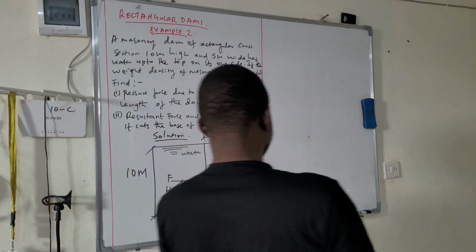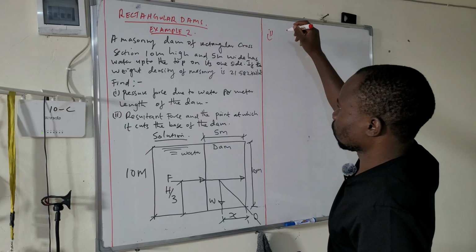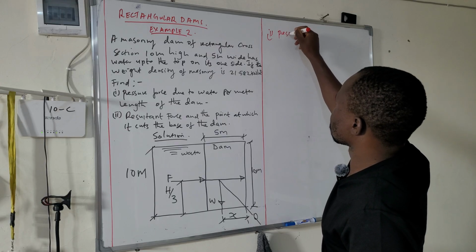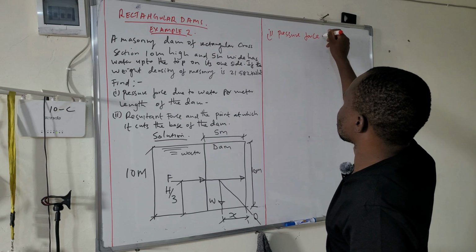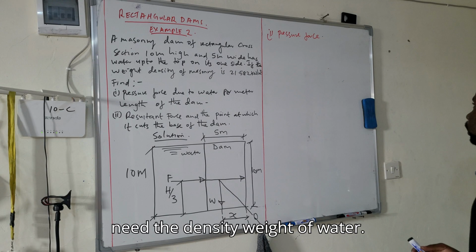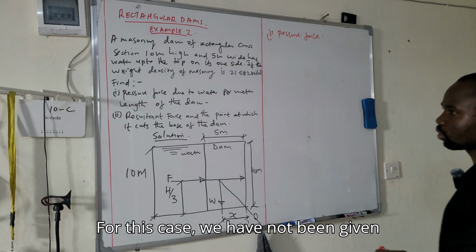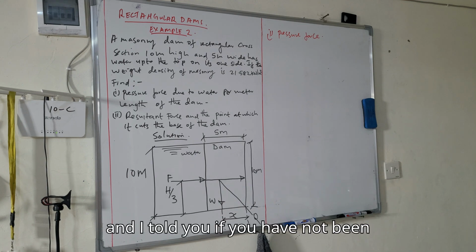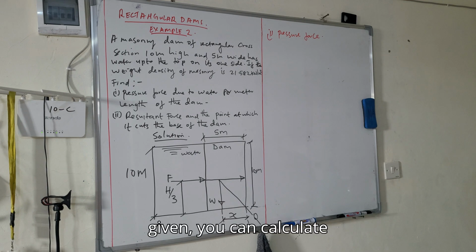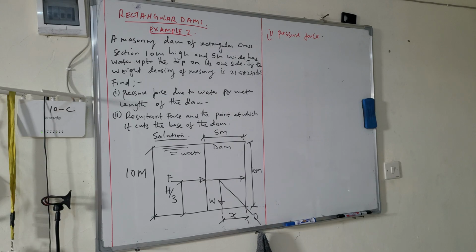Roman 1, pressure force due to water per meter length. So to calculate a pressure force, you need the unit weight of water. For this case, we have not been given, and I told you if you have not been given, you can calculate from the standard density of water, which is 1,000 kilogram per meter cubic.